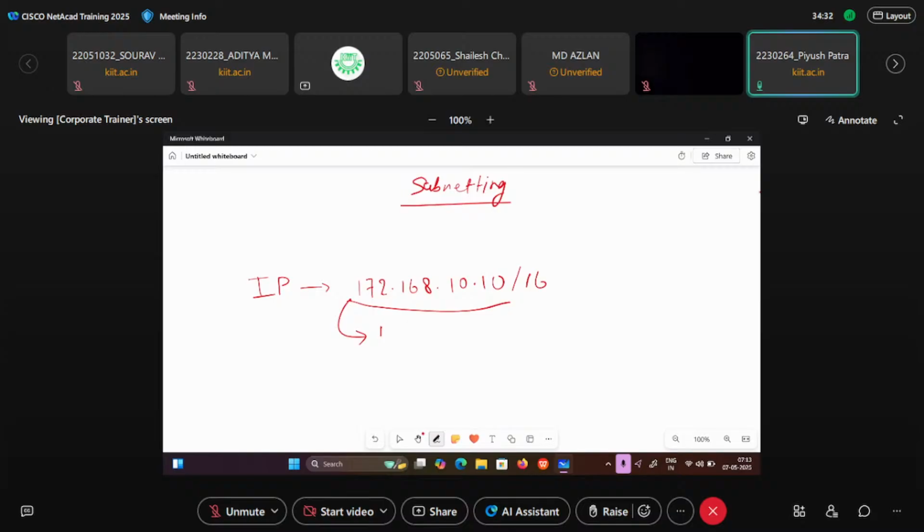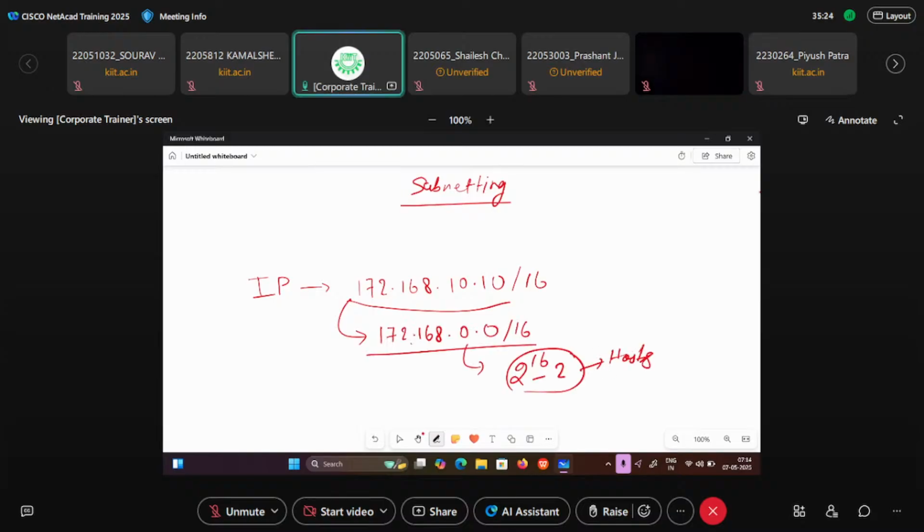That much of IP you can configure for the host. And for the network, 2 raised to the power 14, since the first 2 bits of class B are leading bits that we cannot change. So per network, you can configure 2 raised to the power 16 minus 2 hosts.